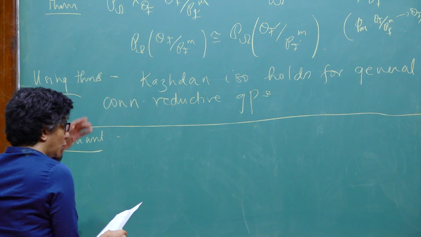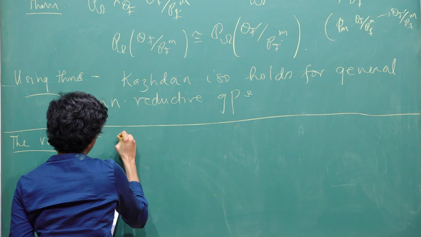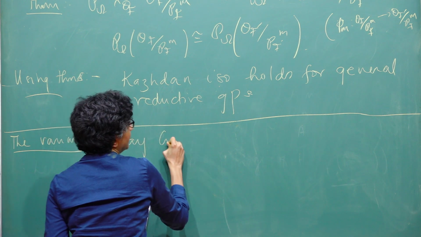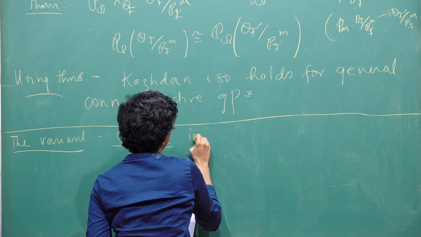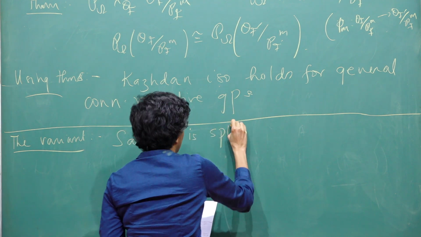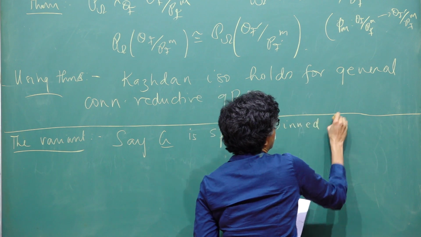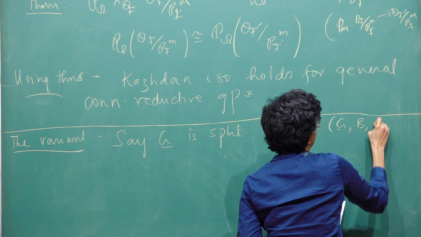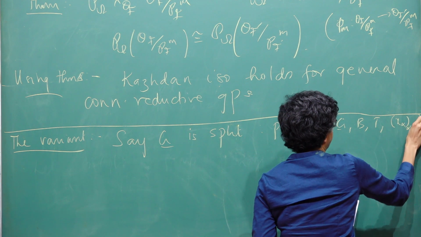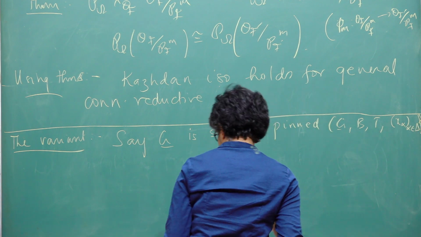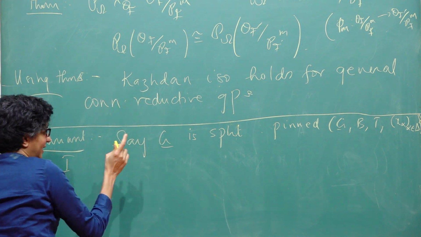I'll again explain what is known for split groups. So again say G is split, and I'll assume it's pinned. And then I'll take I to be the standard Iwahori subgroup.